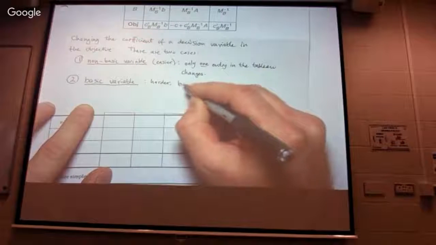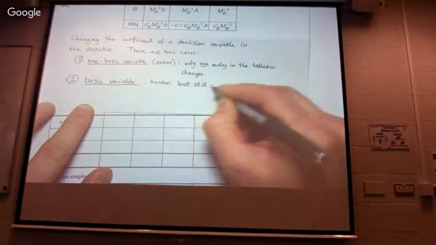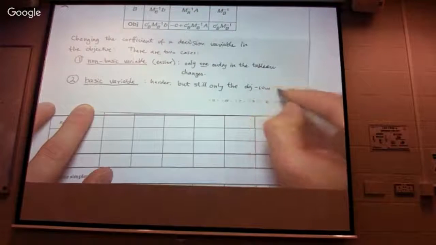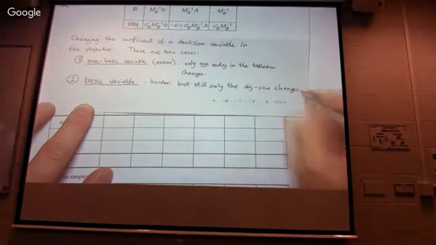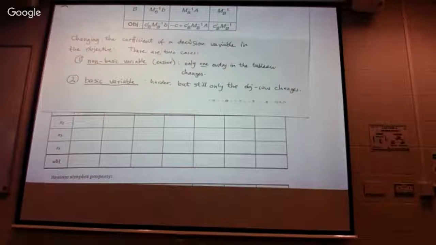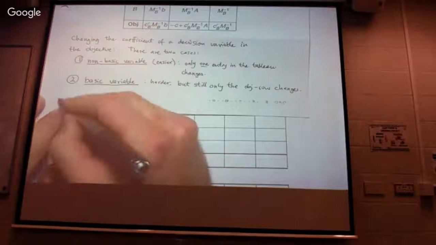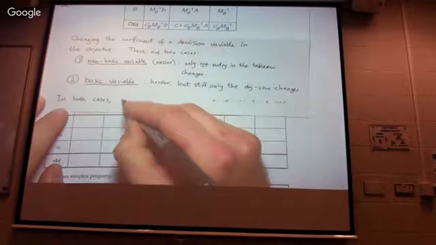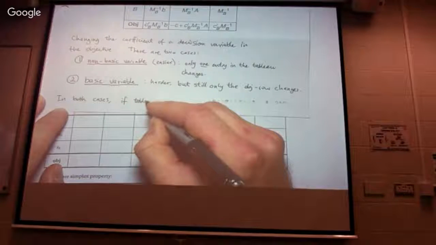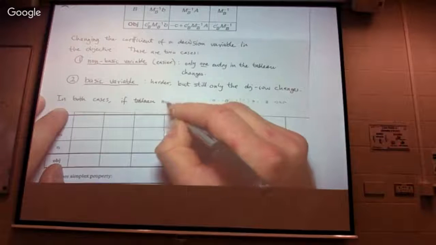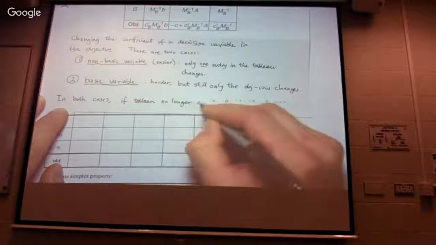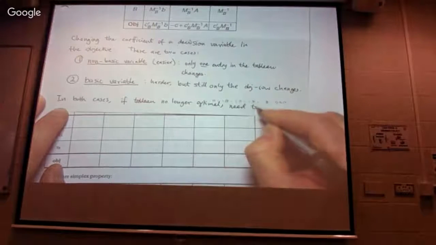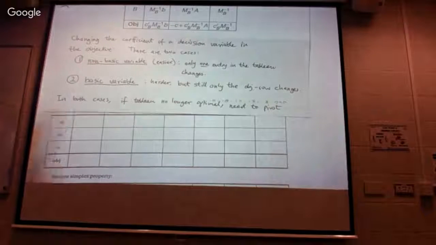This is a bit harder, but still only the objective row changes. And then, in both cases, if the Tableau is no longer optimal, you need to pivot. Okay, that's what we saw in case 1 already.